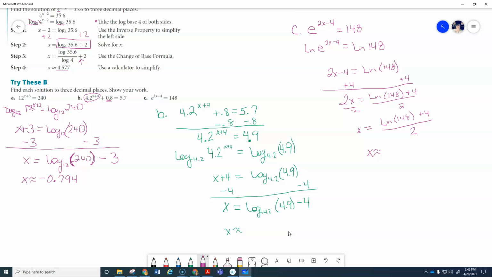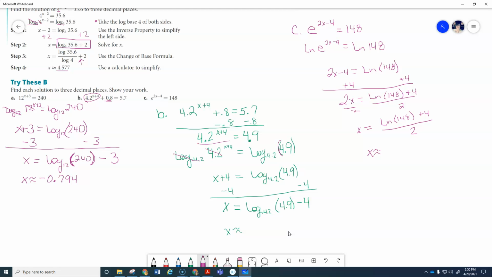So this is a little bit different. So I started off by subtracting 0.8 from both sides. Now that I have the exponential isolated on the left-hand side of the equal sign, I begin the process of getting rid of that base by logging both sides so it can cancel out or simplify out.